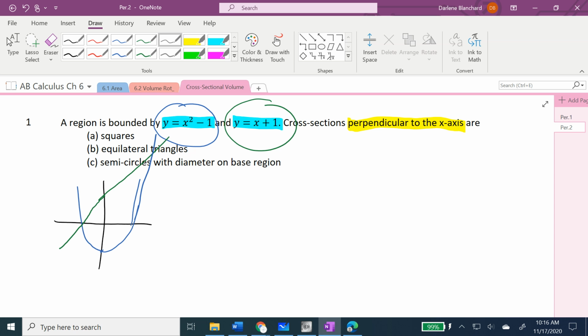Now, if your cross sections are perpendicular to the x-axis, then you're going to draw segments only in the region that are perpendicular to the x-axis. When we do rotational volume, the radii often come out of the region because they have to attach to an axis of rotation.